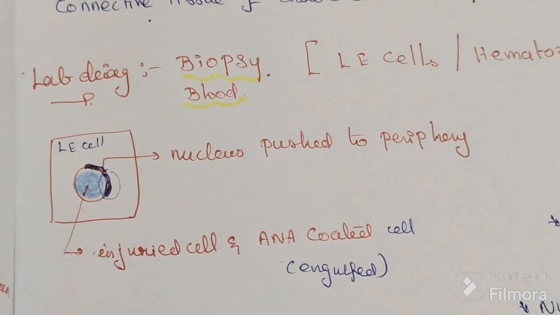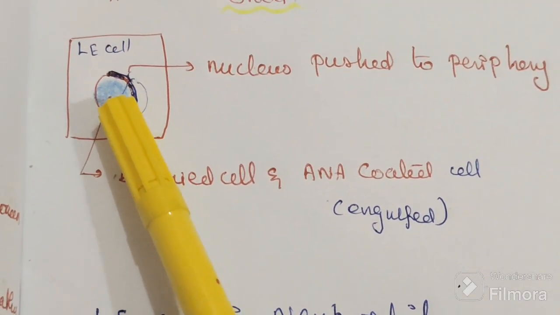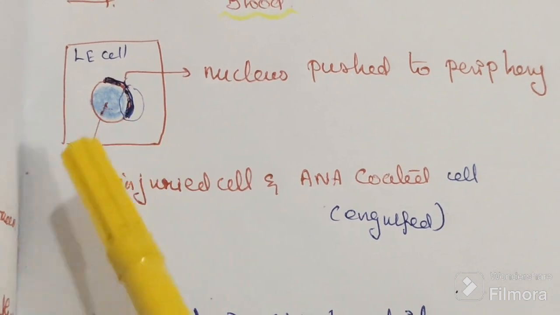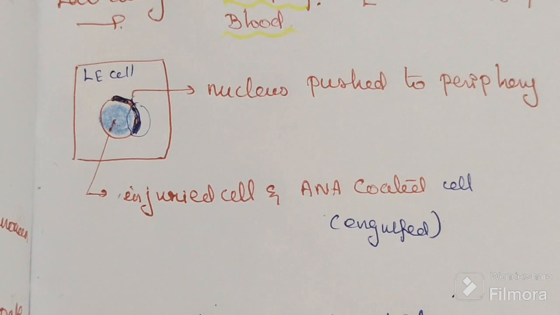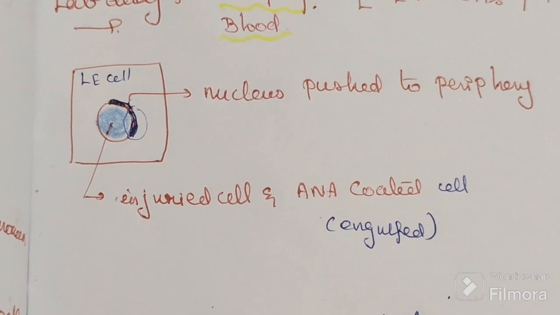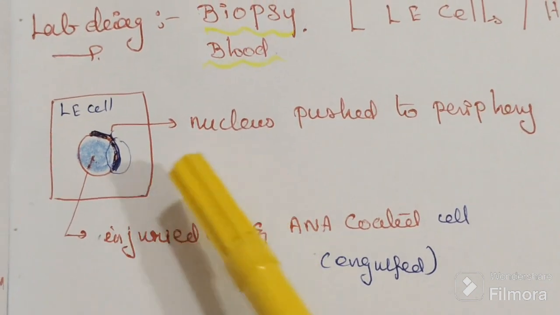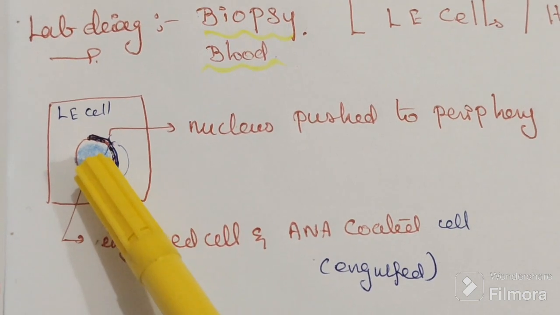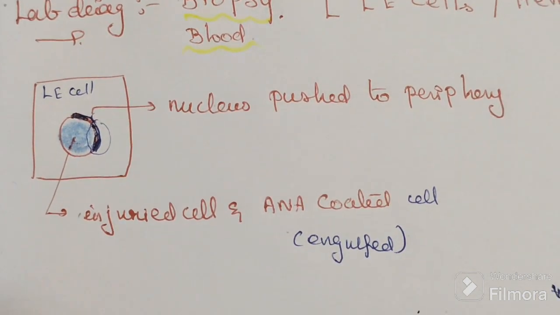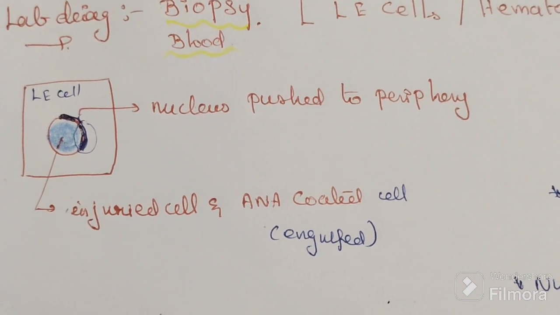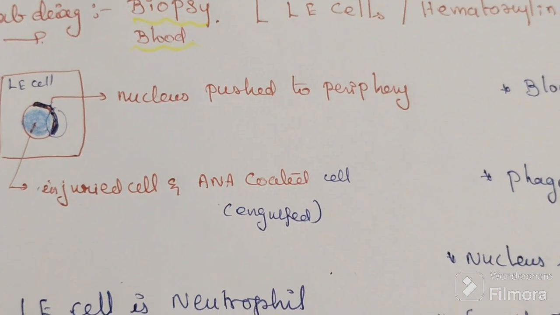The material occupying this space is anti-nuclear antibody-coated injured cells, with the nucleus pushed to the periphery. So this cell is called an LE cell.